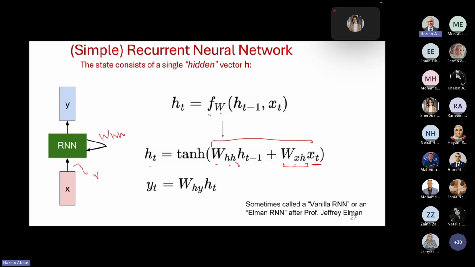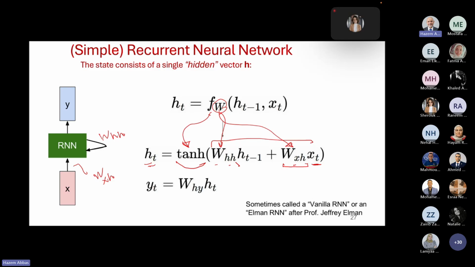Here we have matrix W_xh. So W_xh will be multiplied by x_t, and W_hh will be multiplied by h_{t-1}. And then we apply our nonlinear function, the hyperbolic tan. This is the f. And the w's are this w plus this w to produce h_t.